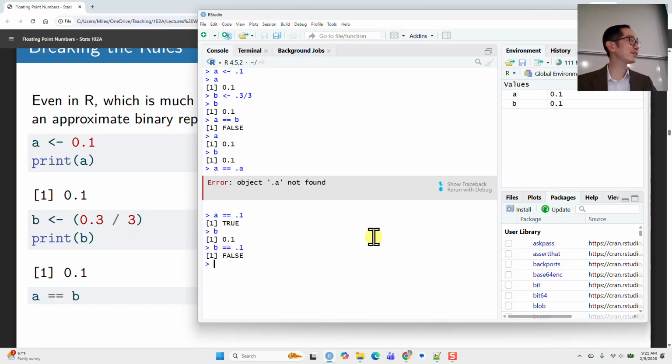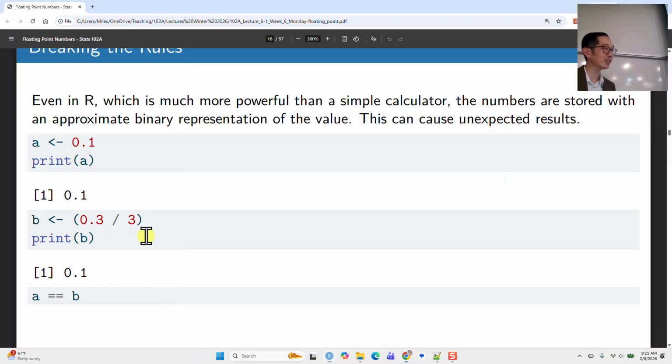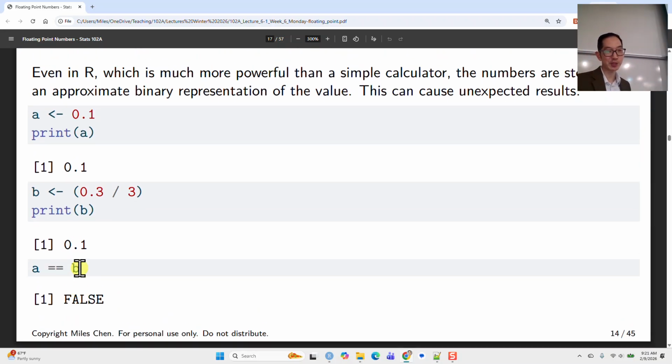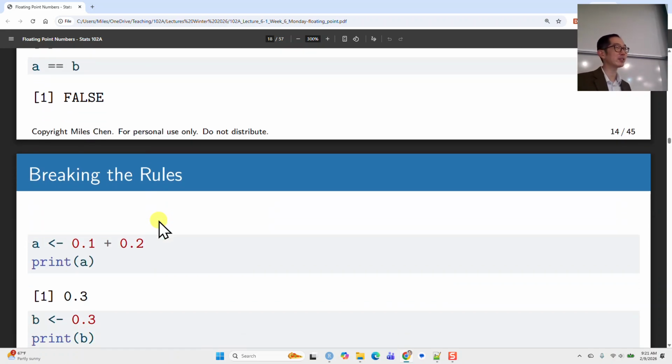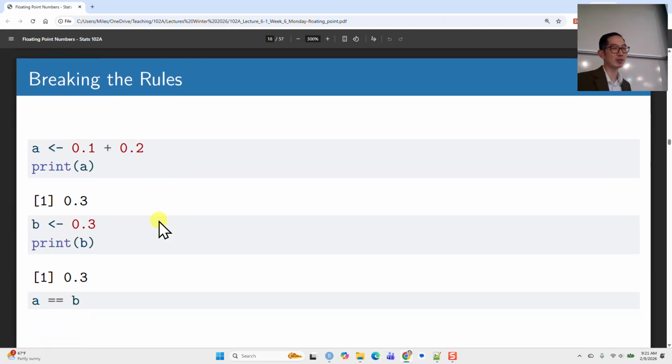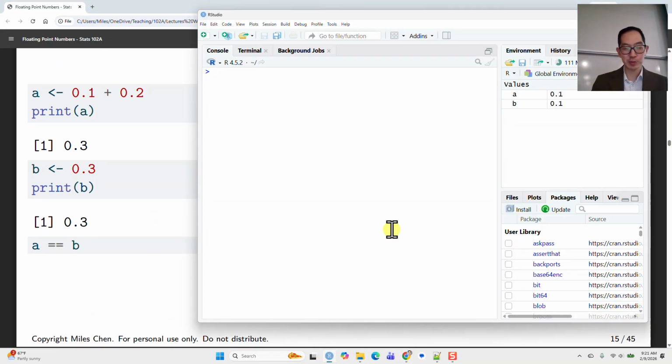They should be equal. 0.3 divided by 3 with real numbers is 0.1, but for the computer, this 0.1 and this 0.1 are not the same. It's kind of like 10 divided by 3 times 3. It's not exactly 10.